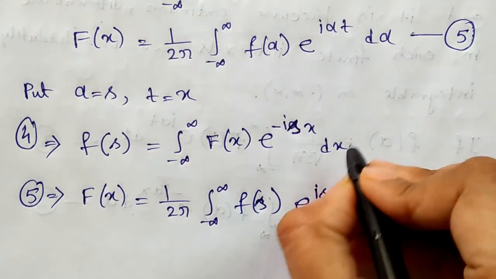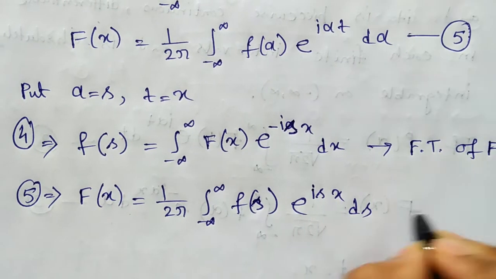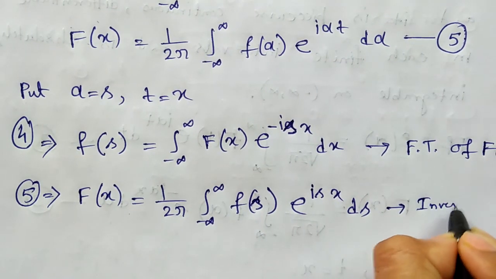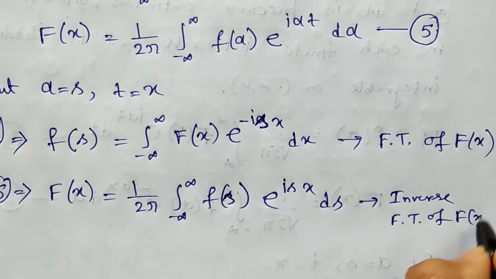So this is our Fourier transform of capital F(x), and this is our inverse Fourier transform.